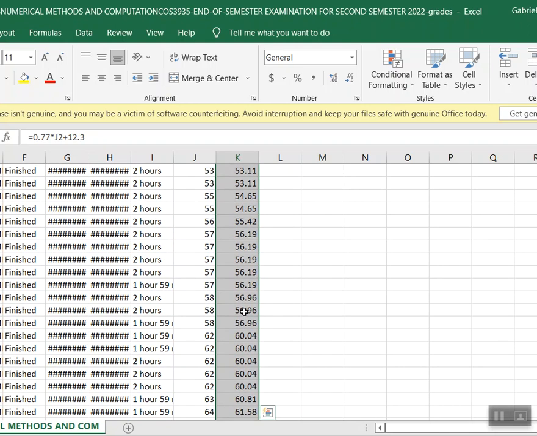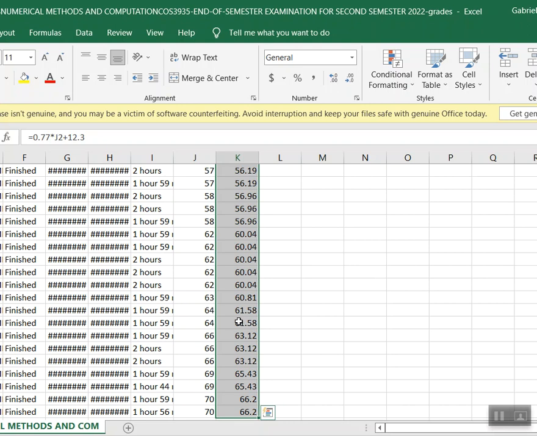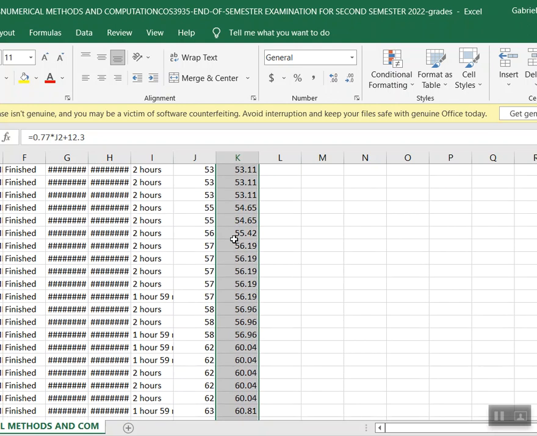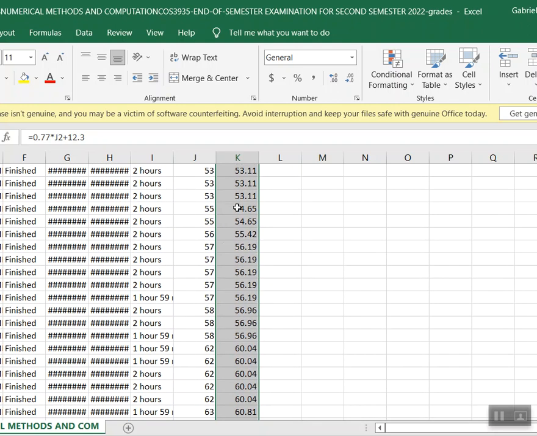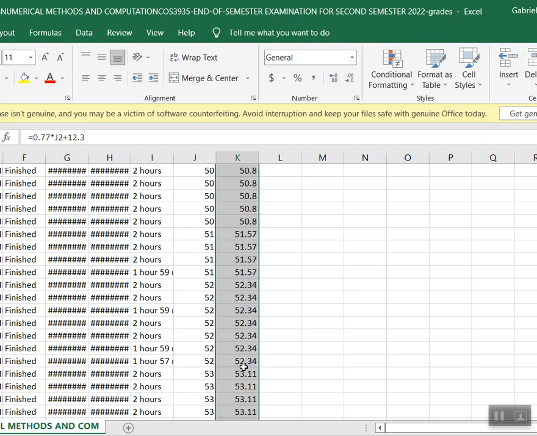So realize that since we were going to 66, at some point the scores remain the same. Say students at 53 were pushed a bit up to 53.11, but those at 55 coming was reduced gradually until the 70 mark was around 66.2.